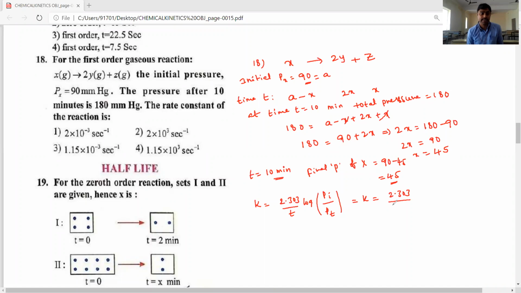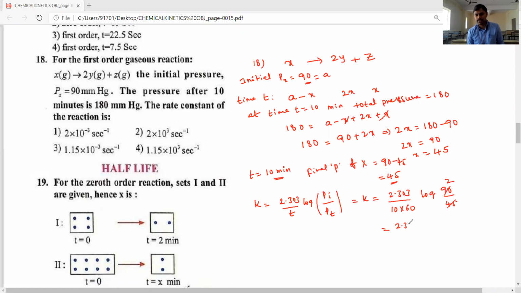The units are in second inverse, but time is 10 minutes, which means 10 into 60 seconds, around 600 seconds. So K is 2.303 by 10 into 60, into log of 90 by 45. That is 2 times, so log 2 value is 0.3.